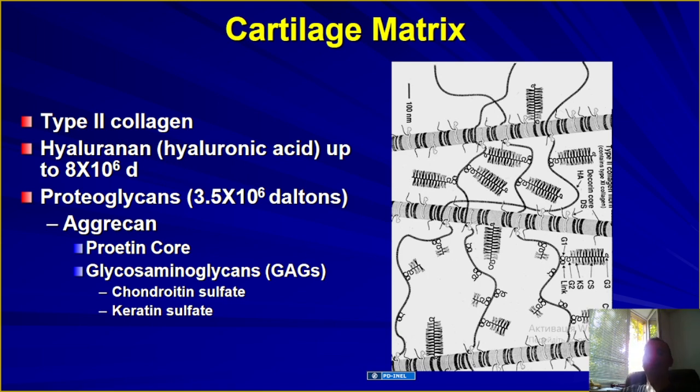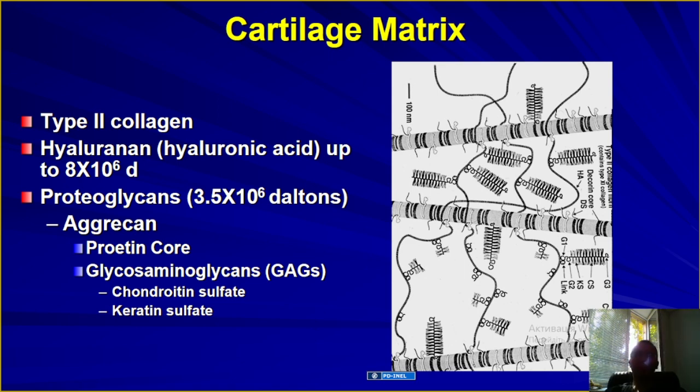So it is very important to understand and to remember when we will be talking about the treatment of the degenerative dystrophic diseases. Another interesting structure is hyaluronic acid, which also fills the matrix of the cartilage.